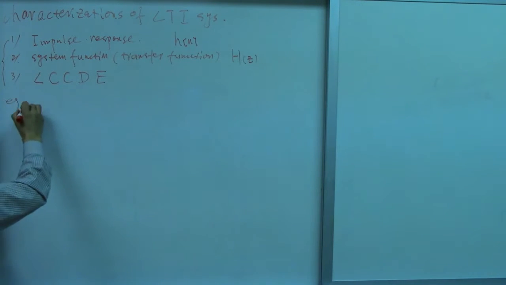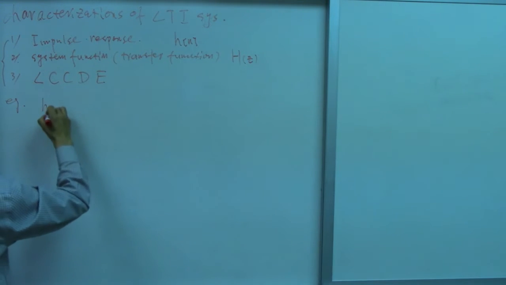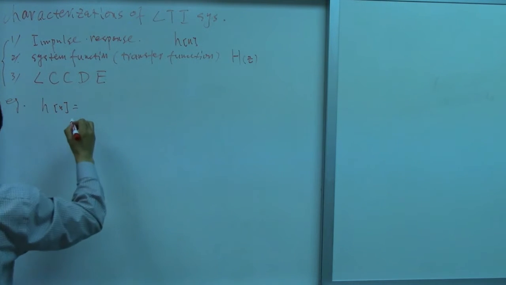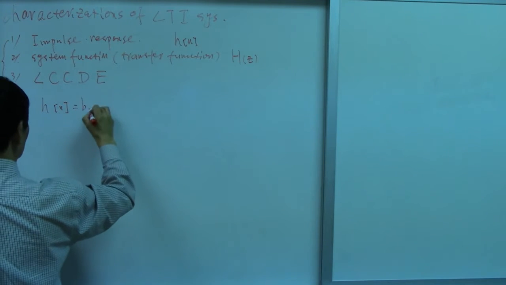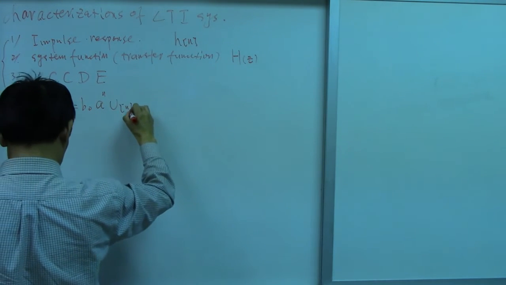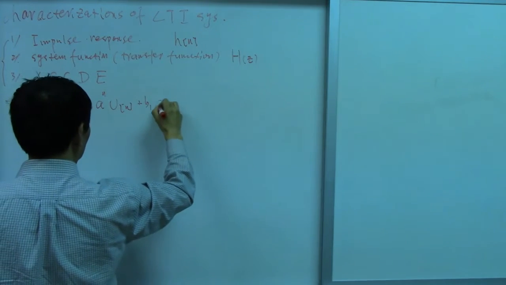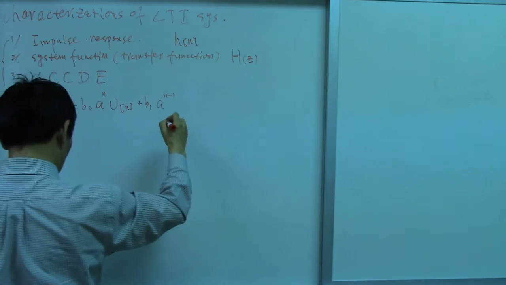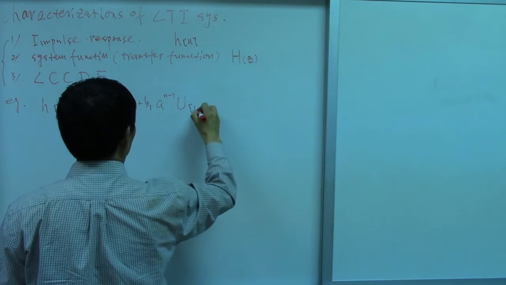We have an example, the impulse response. Assume the impulse response is h[n] equals b0 a to the n u[n] plus b1 a to the power of n minus 1 u[n minus 1].